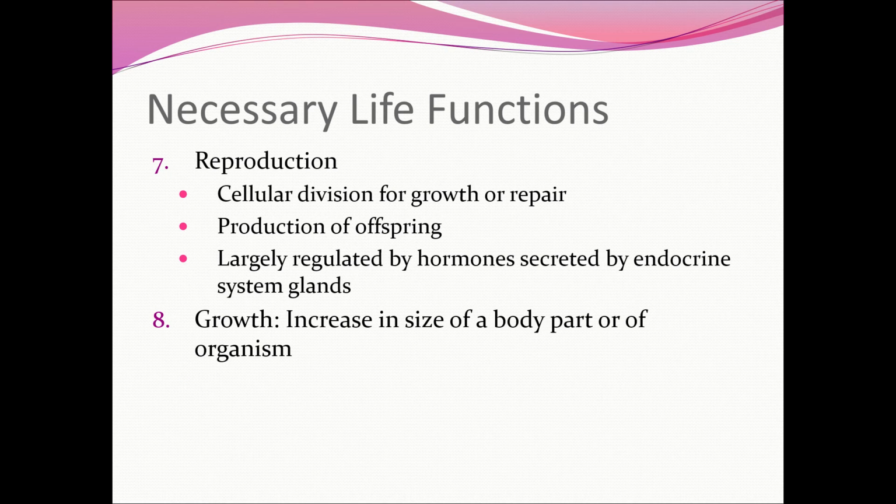This is the cellular division for growth or repair. It is also the production of offspring and is largely regulated by hormones secreted by the endocrine system glands, just like metabolism. And number 8 is growth, which is the increase in the size of a body part or of an organism. Hormones will also largely influence growth.